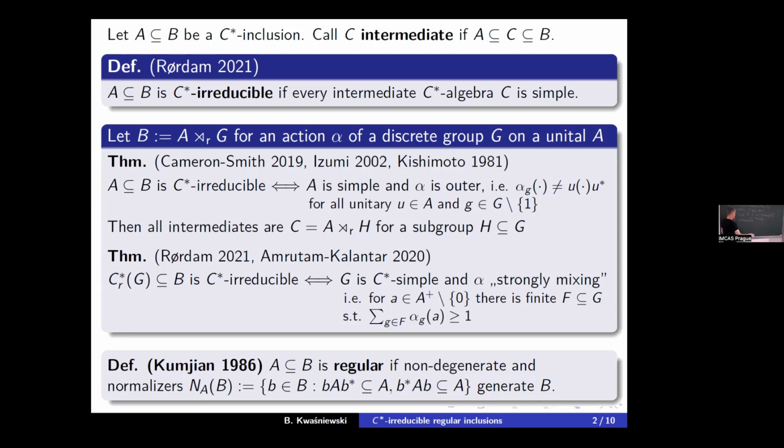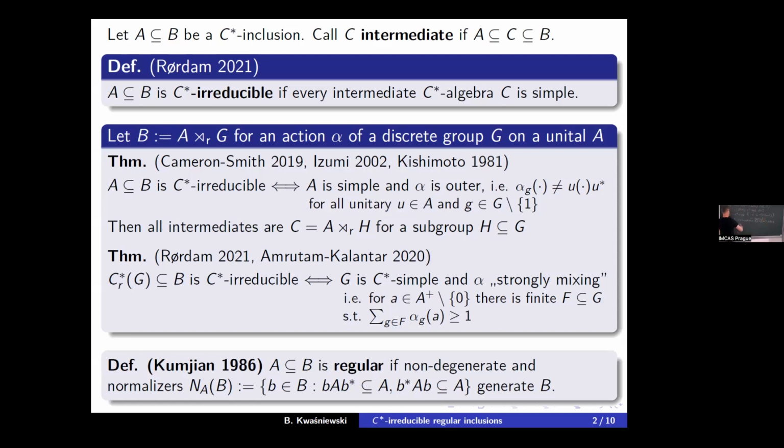And here you have a number of equivalent descriptions. The closed linear span of this thing gives you B, but by the Cohen-Hewitt factorization theorem, this is the same as writing just the algebraic product of these two guys.